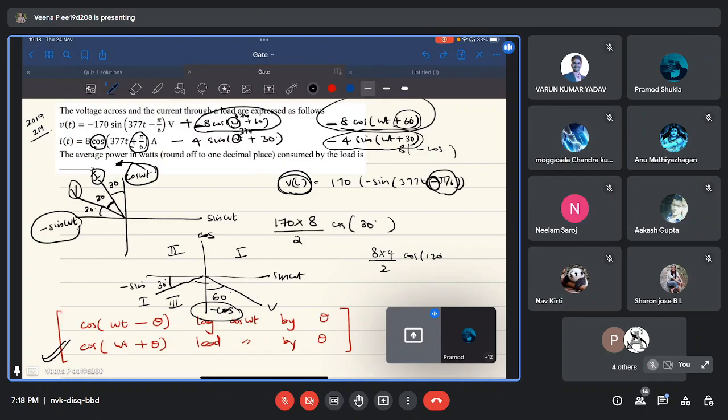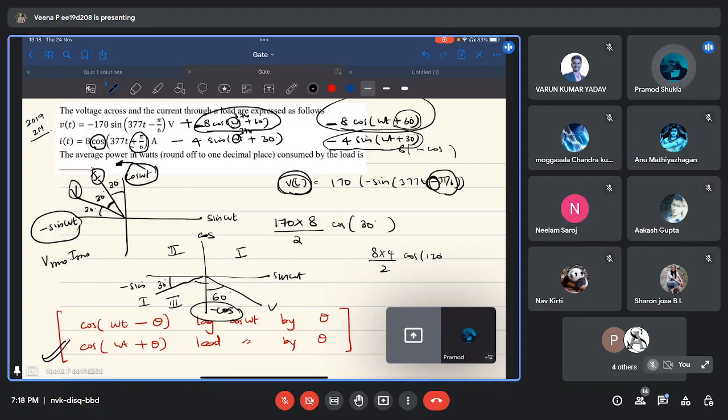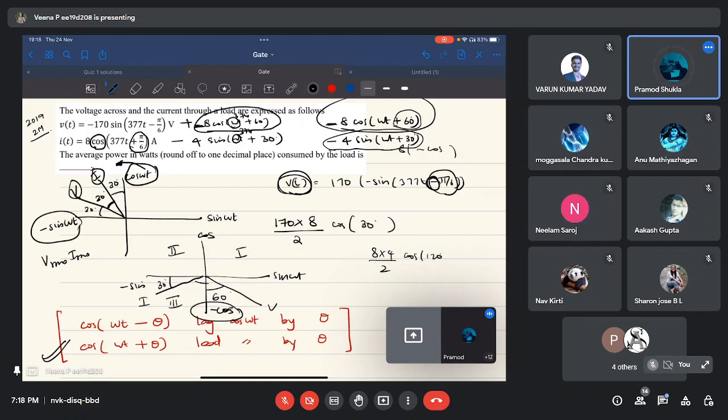For apparent power, it is just VRMS times IRMS. And reactive power, by these two we can get reactive power. Correct. In average power, if voltage has 377 frequency and current has 377 frequency, we will get average power.